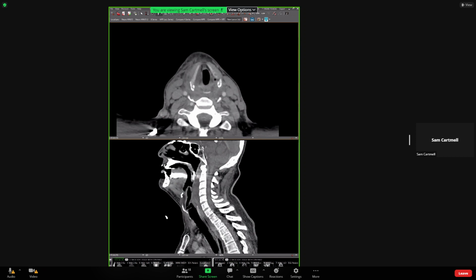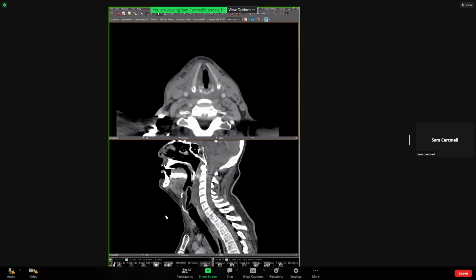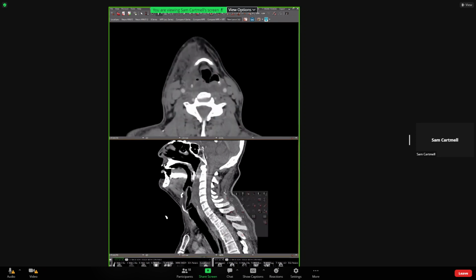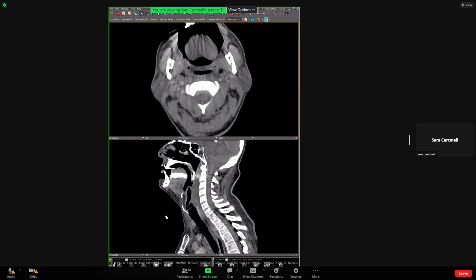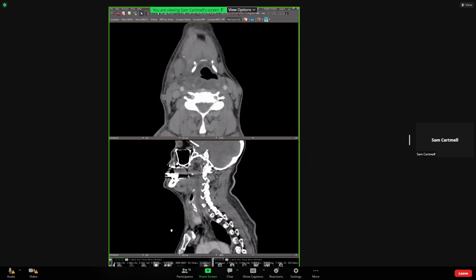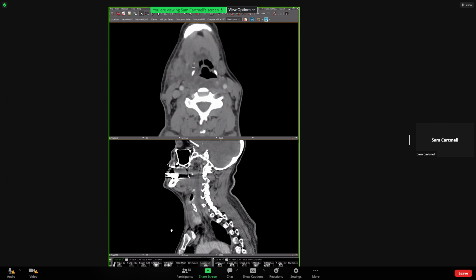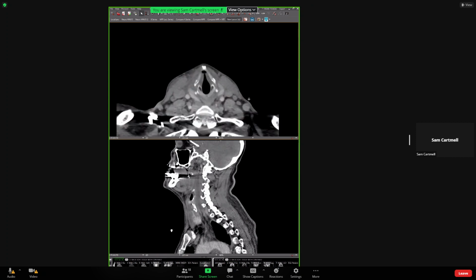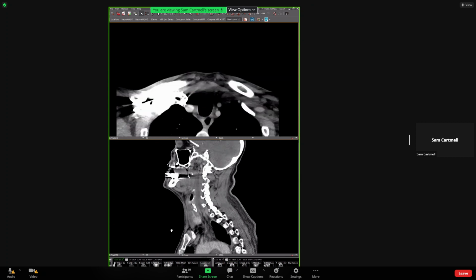So there are inflammatory changes in this fat on the left side too. So this guy's got a perforating cellulitis in the submandibular space on the right, extending to the retropharyngeal space, and there's also sort of secondary involvement of some of the other neck structures.